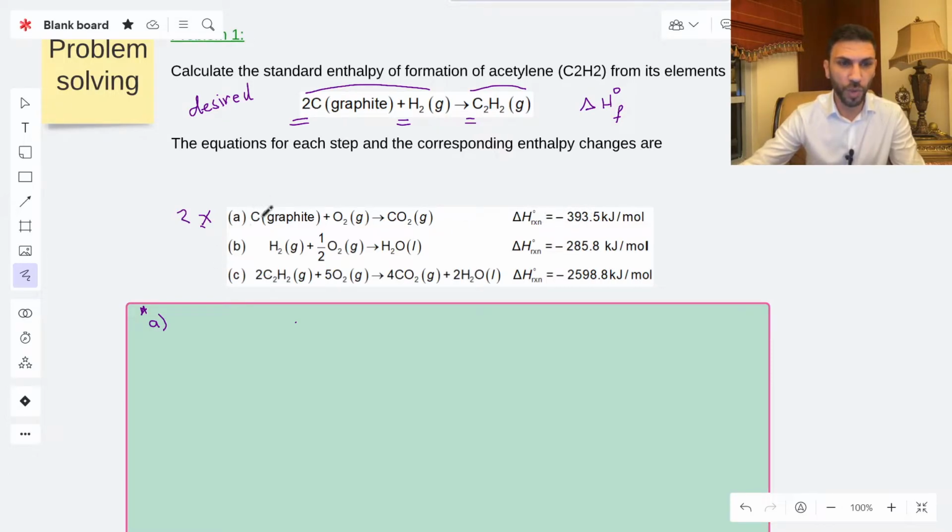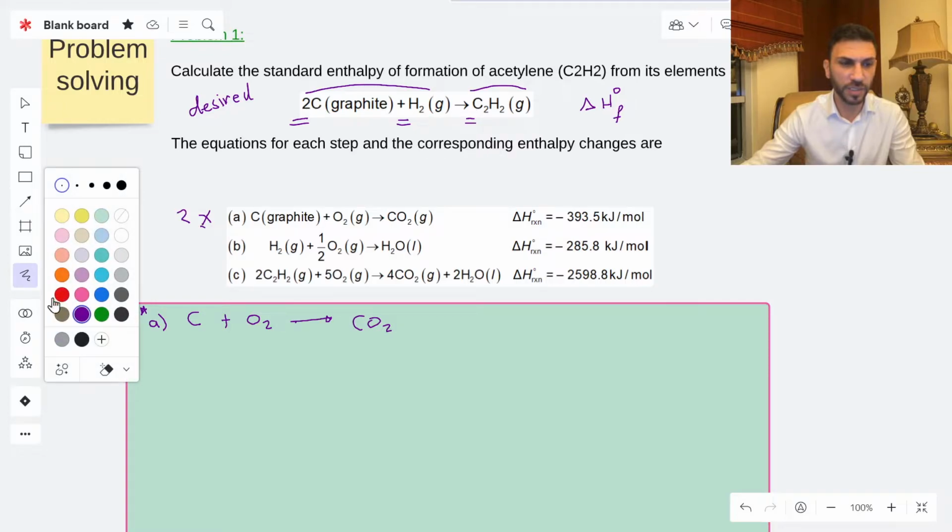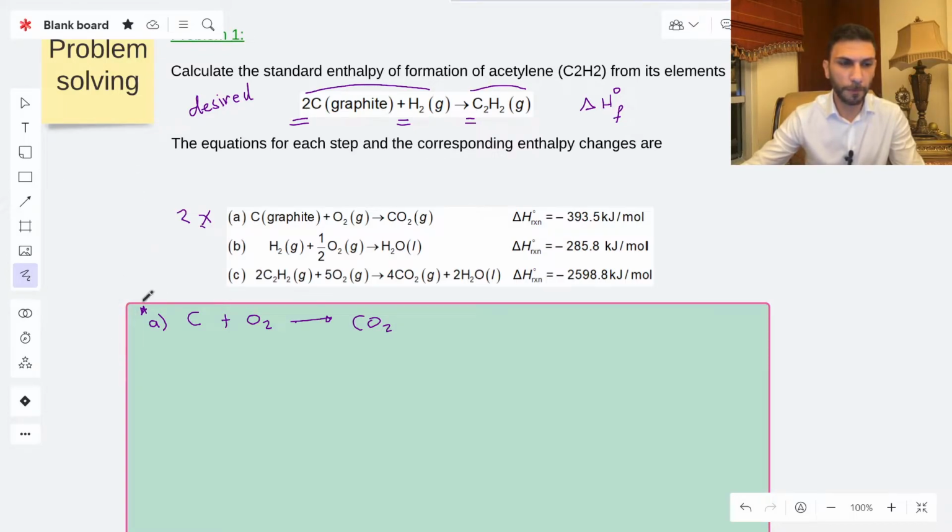So I'm going to rewrite equation A. It's going to be 2 C graphite plus 2 O2 yields 2 carbon dioxide. So the first reaction is ready.